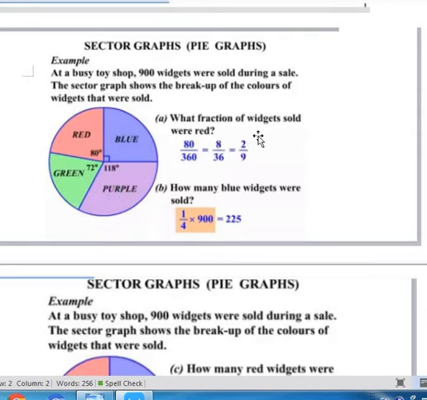So we have here, when he says red, the red here is 80 degrees, not percent, 80 degrees. 80 degrees divided by what, Ali? Divided, or over, 360, the total. So I'm going to take the colored, the shaded part as the fraction, over what the denominator here is.